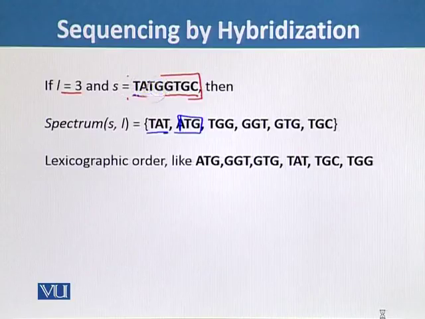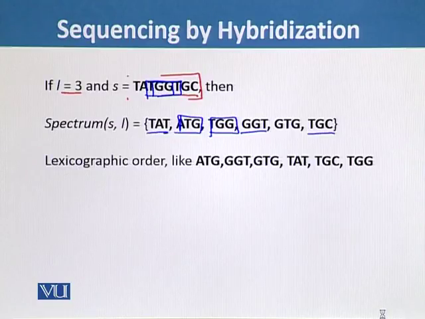Then we will start from the 3rd nucleotide, that is T, and we get TGG, and so on. We can get GGT and we will reach up to TGC. So this is the spectrum S_L we obtain from this superstring.